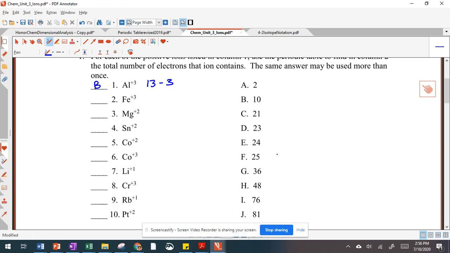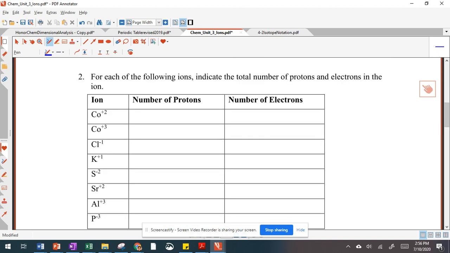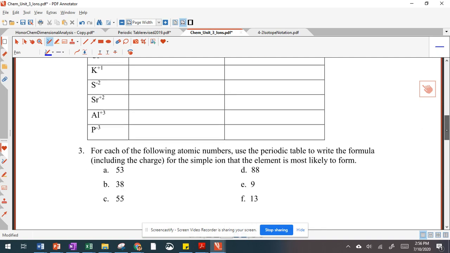These are used more than once in some cases, the column on the right. We go down. Again, it's giving you the charge, so you have to use your periodic table to figure out your number of protons. Cobalt has 27 protons. It's positive, so we're going to subtract 2 to get 25 electrons. Down here, you're going to use your periodic table, and number 53 is iodine.